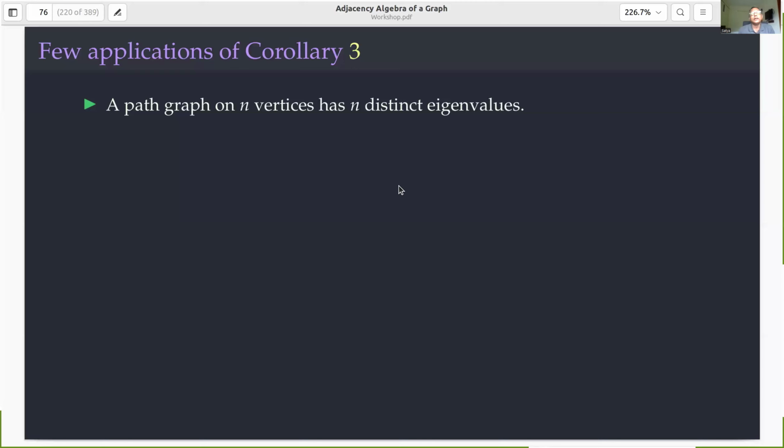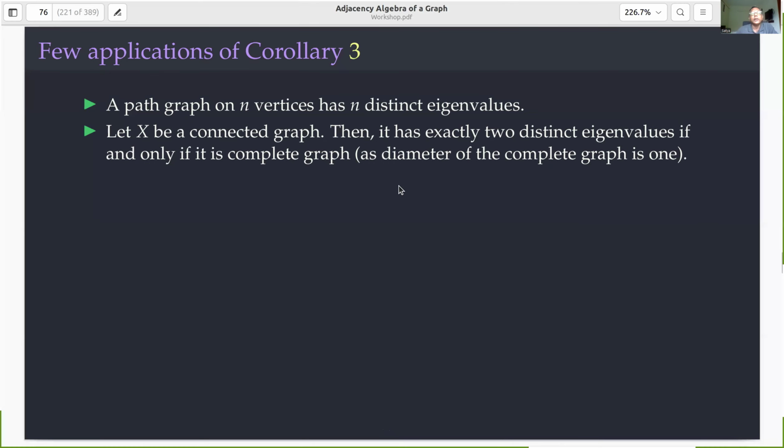So exactly n. So all eigenvalues of a path graph are distinct. That is one thing, but the converse need not be true. In fact, there is a result that almost probabilistically, if you take any graph arbitrarily, it has n distinct eigenvalues.